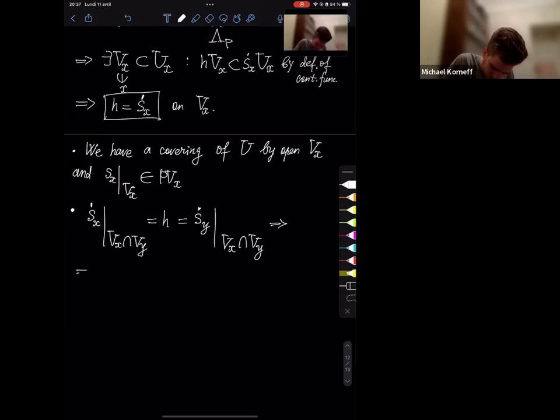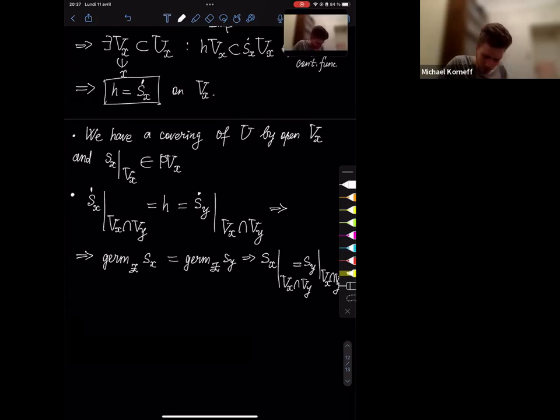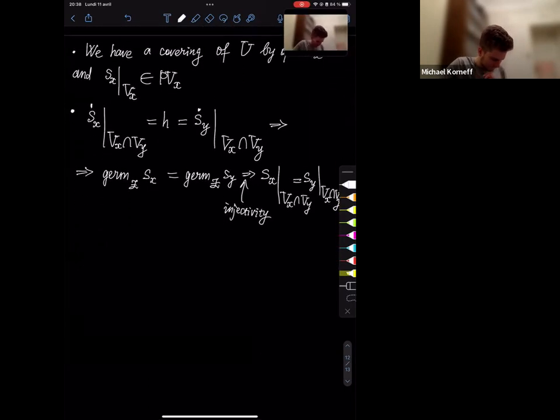And hence we can conclude that germ Sx at the point z equals germ Sy at point z, and hence Sx restricted to the intersection and Sy restricted to the intersection are the same. It follows from injectivity.